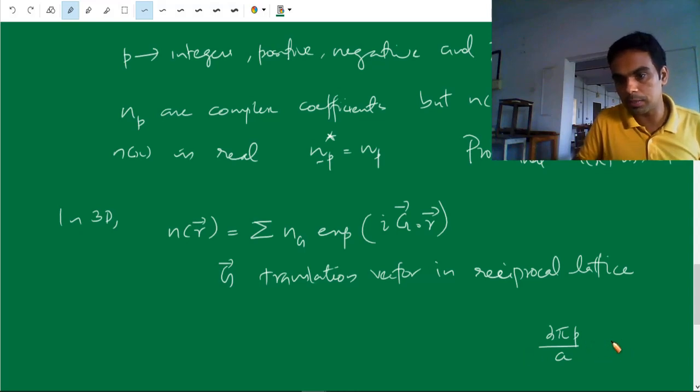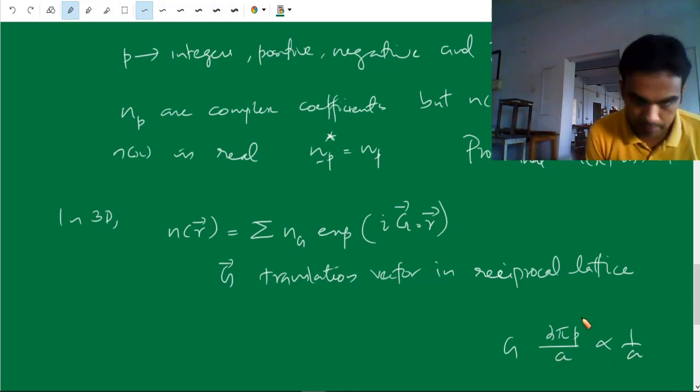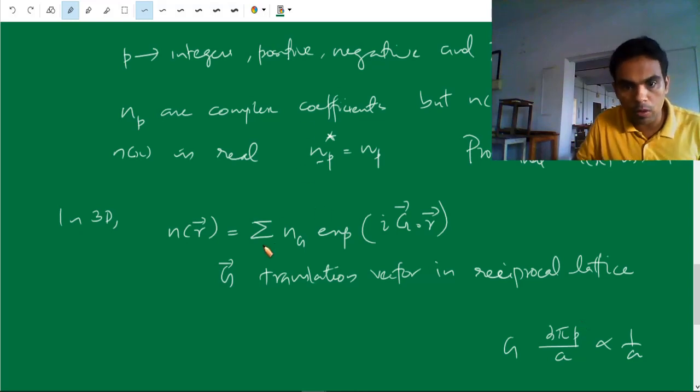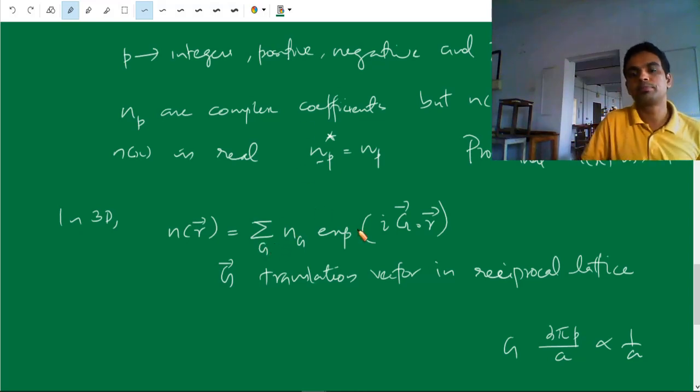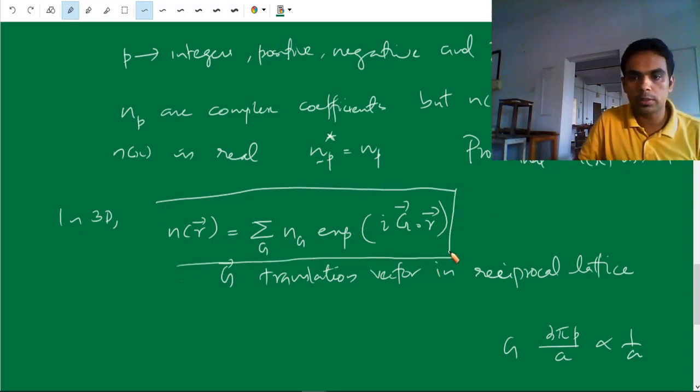G is proportional to 1 by a. That's why it is called a reciprocal lattice vector. And the summation is for all G. So this is the equation of the Fourier series in 3 dimensions.